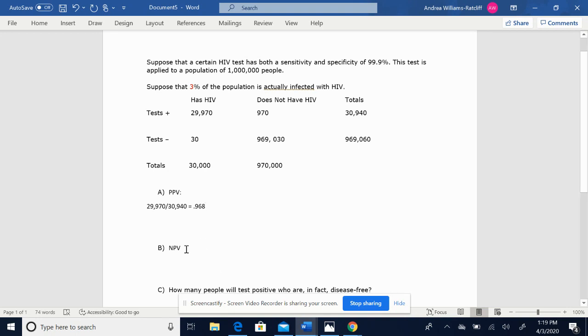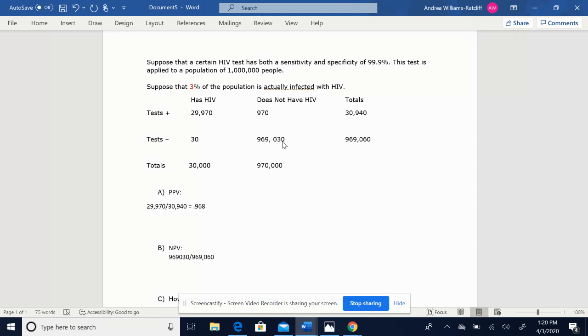Okay, so when I look at my NPV, I am calculating here the same thing for my negatives. What percentage of my negatives were accurate? So I have 969,030 over 969,060.